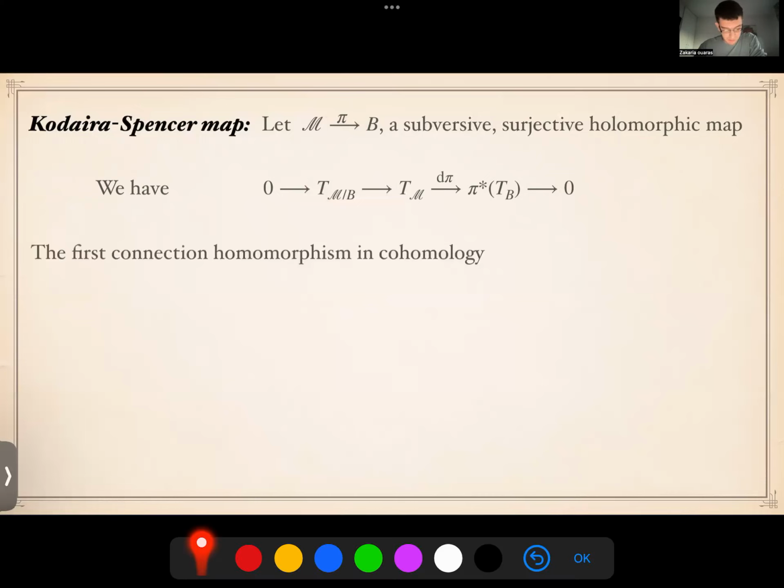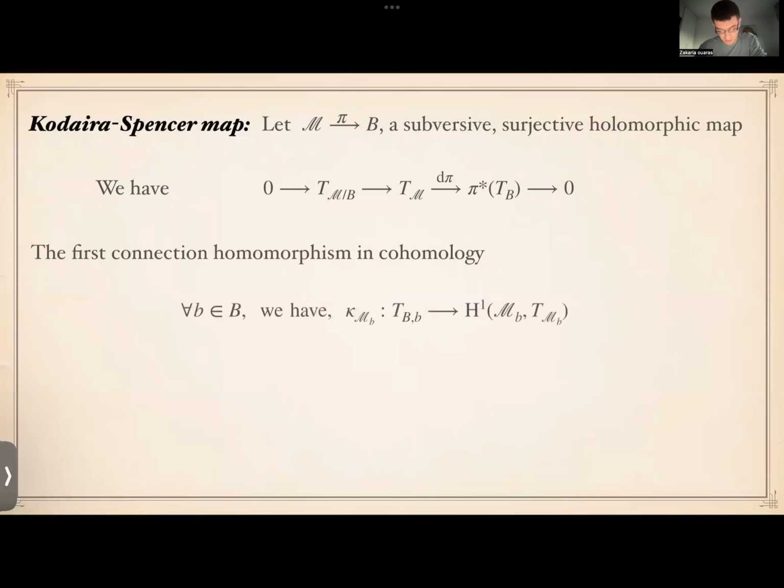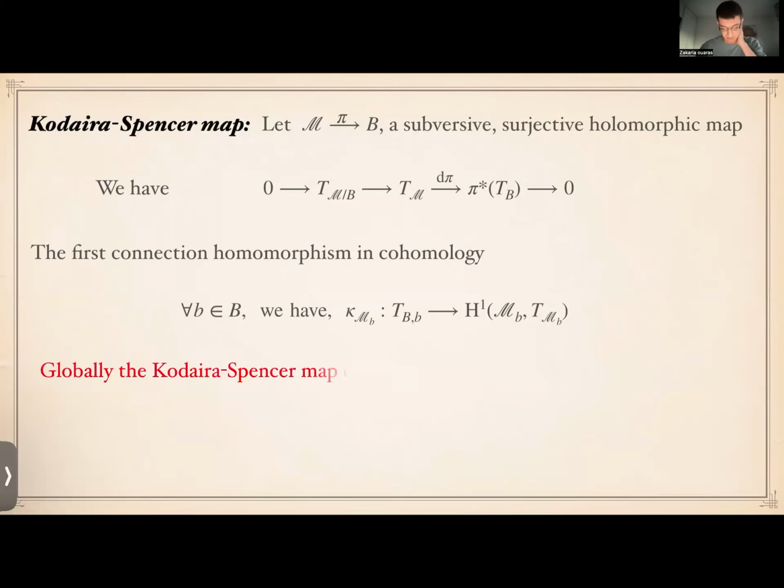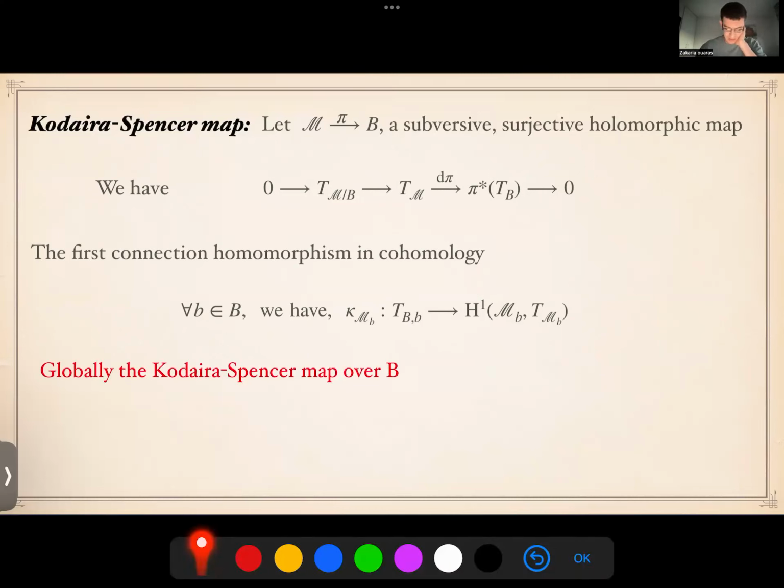If you fix any point in the base, you can define the first connecting homomorphism in cohomology that takes a tangent vector in the base at the point b and gives you an element of this cohomology group. You need to see this cohomology group as infinitesimal deformations of your complex structure. And you can do this globally over B, what we call the Kodaira-Spencer map over B. It's just that you take the cohomology with respect to the map π in families.